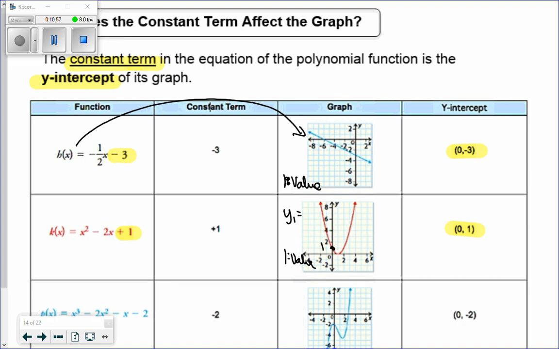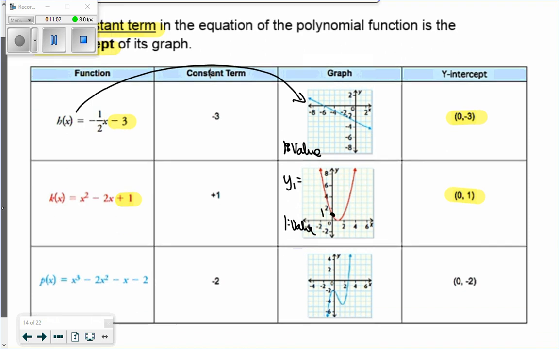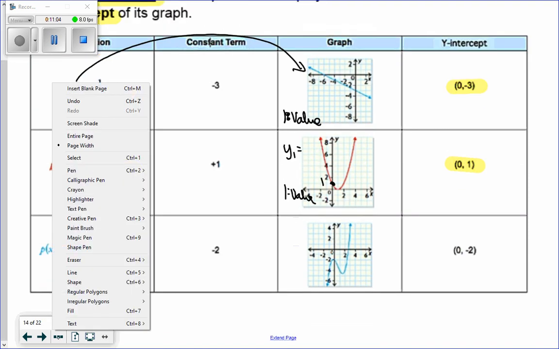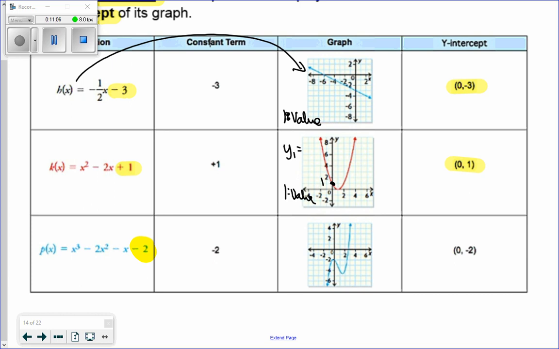They just make life so much easier. On this one, the constant term is -2, so the y-intercept is -2. Again, if you were to graph this on your graphing calculator, you would see that it has a y-intercept at -2.